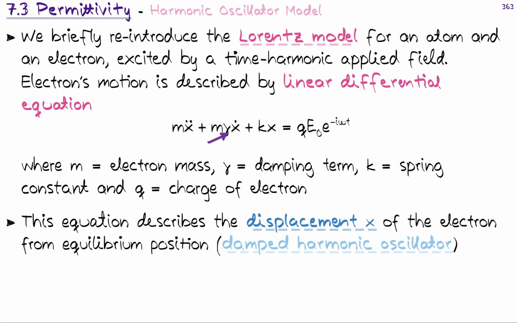So it doesn't just oscillate until the end of time. If we did not have this damping term, the electron would oscillate until the end of time, and this is not very good in terms of physical reality. Not to speak of the fact that we would never really be able to excite the electron, because it would be such a slow object.